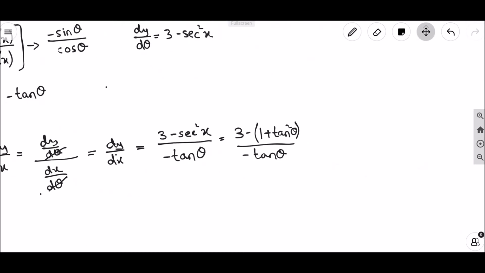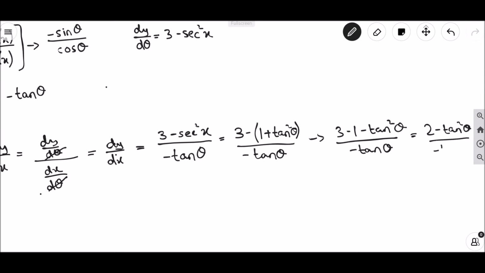Now I'm simply going to simplify. It will be 3 minus 1 minus tan squared theta over minus tan theta. So 3 minus 1 is 2, minus tan squared theta, over minus tan theta.